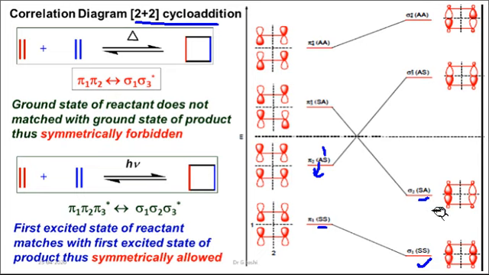Coming to sigma 2, it is symmetric towards the horizontal plane but antisymmetric towards the vertical plane. Coming to sigma star 3, it will be antisymmetric towards the horizontal mirror plane and symmetric towards the vertical plane. And finally, sigma star 2 will be antisymmetric towards both planes, which means antisymmetric towards the horizontal plane as well as antisymmetric towards the vertical plane.